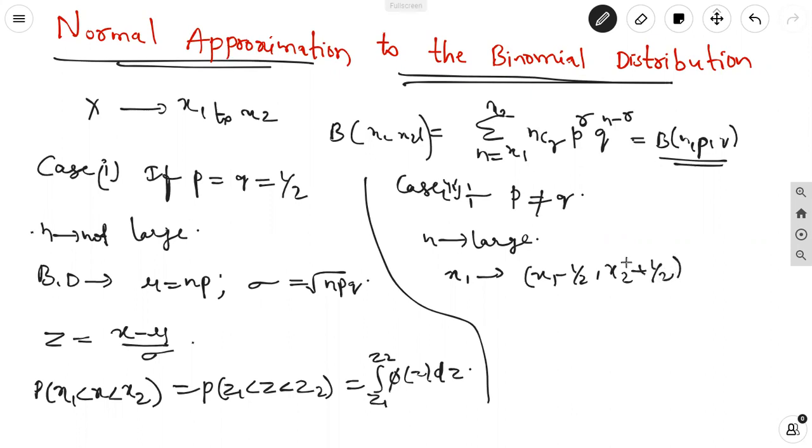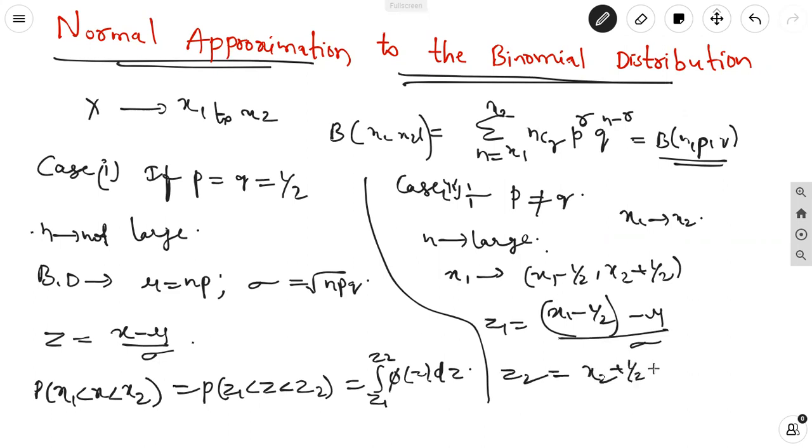That is, for x1 to x2 successes, the interval is x1 minus 1/2 to x2 plus 1/2. Here z1 = (x1 minus 1/2 minus mu) by sigma, and z2 = (x2 plus 1/2 minus mu) by sigma.